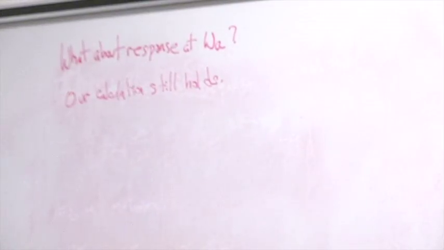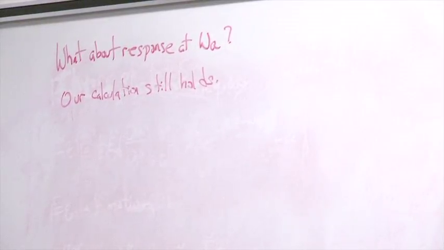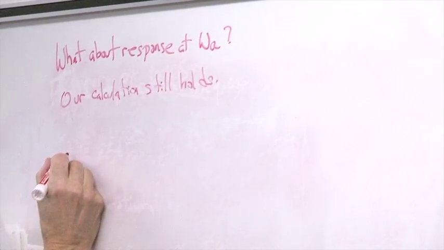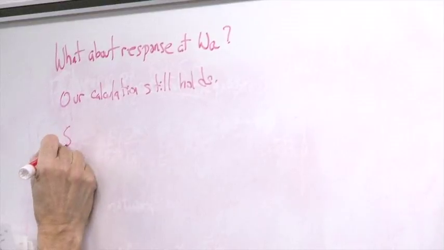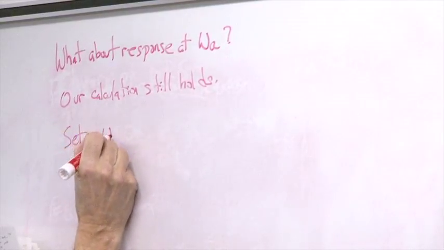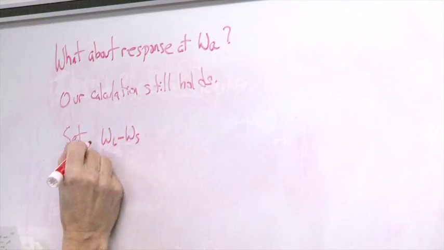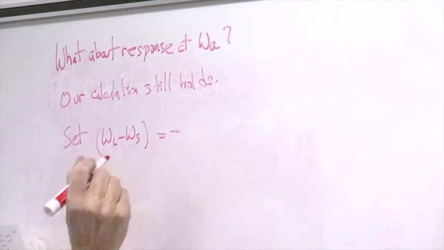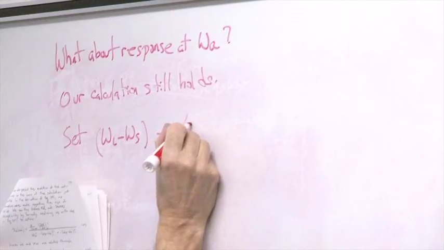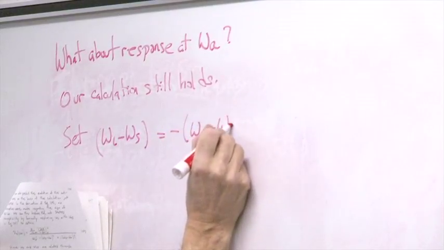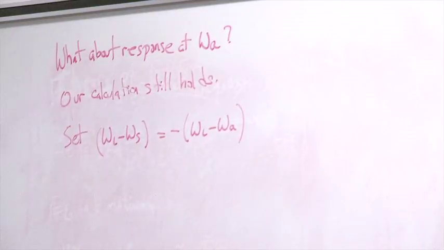Well, the calculation we performed still works because we never made use of the fact that the field I called the Stokes field was at a lower frequency than the laser field. So I can just pretend that it's the other way around and just change the name. The easiest way to do this is to set omega laser minus omega Stokes equal to the negative of omega laser minus omega anti-Stokes.